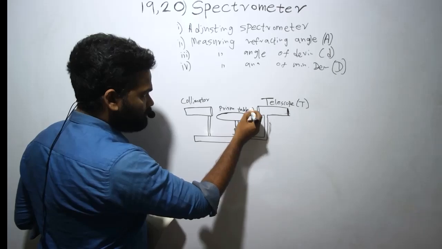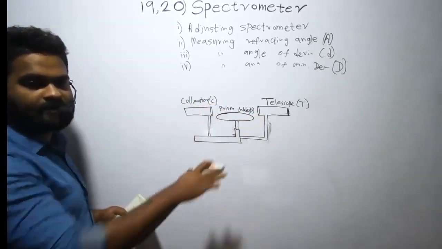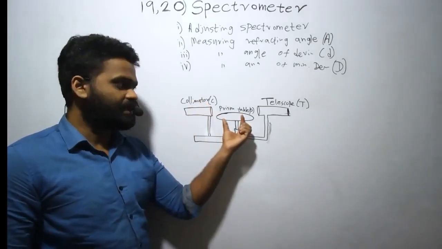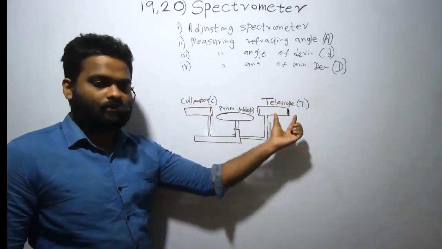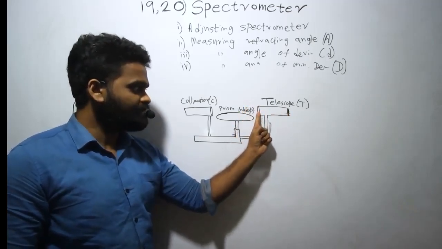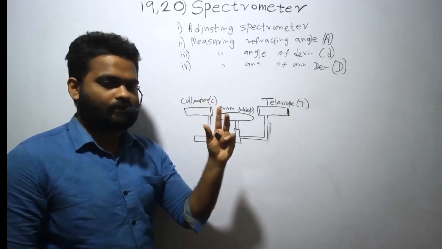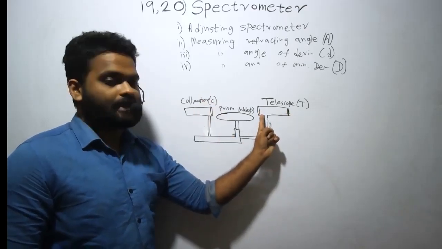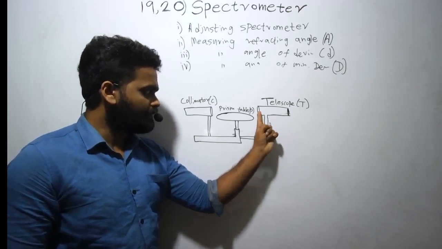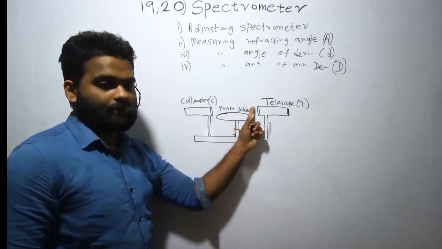From now on, I'll call this P. Collimator means capital C. You can take this down. So we have a collimator, a prism table, and a telescope. The telescope just has an objective lens and an eyepiece. I think you have learned telescopes already under optics. Then you have the prism table, capital P.